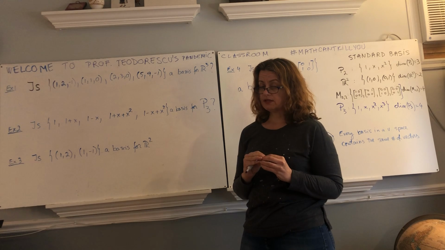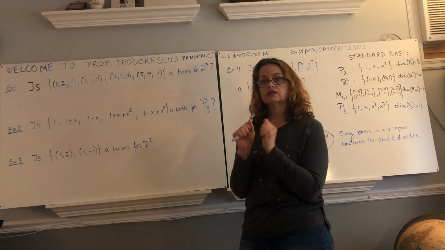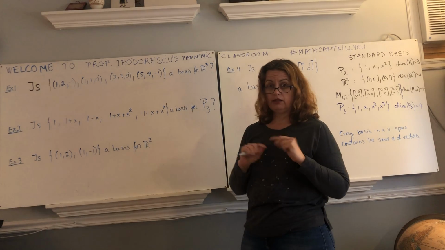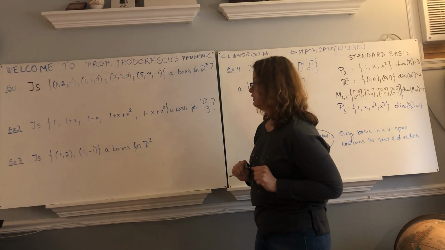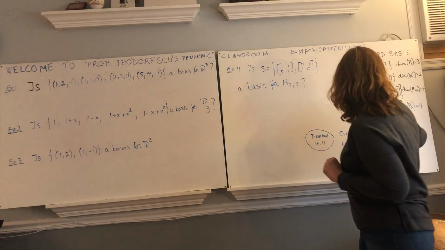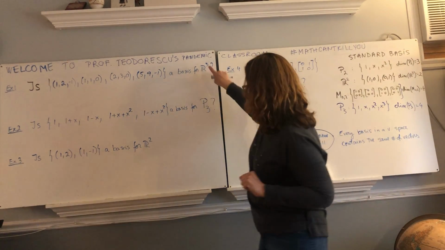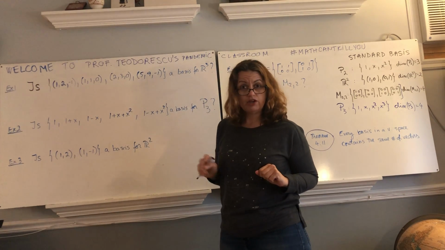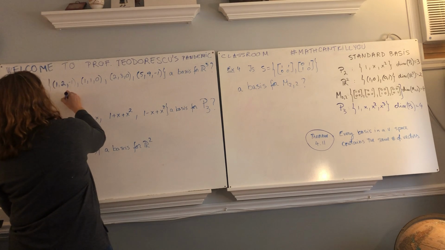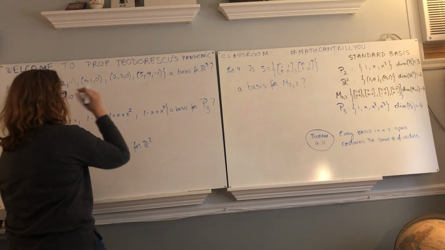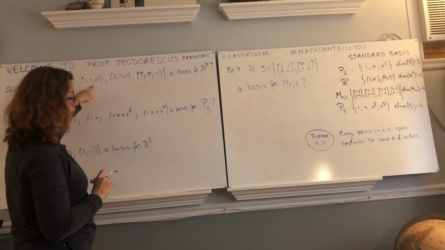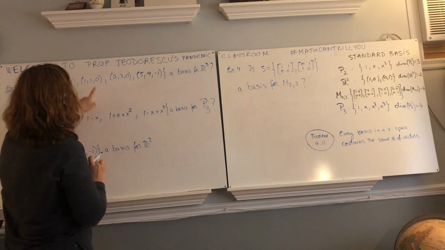That's what a basis is: the smallest number of independent vectors that can generate all of the vectors in that space. Because the standard basis in R3 has 3 vectors, i, j, k, the answer here is no.